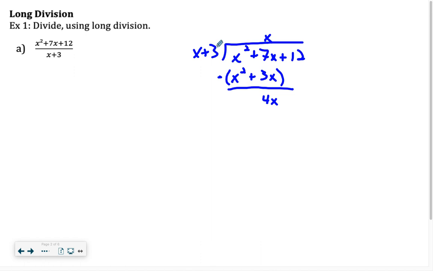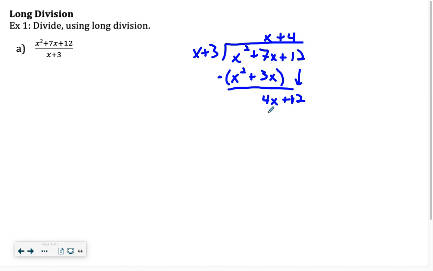So then I want to repeat the process. I did forget, we want to bring down our next term, right? So now we say, well, what do I need to multiply x by to get 4x? Well, x times 4 would be 4x. So I put 4 up here in my quotient, and then I multiply 4 times every term in the divisor.